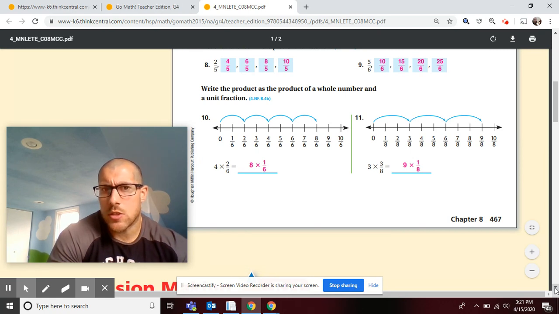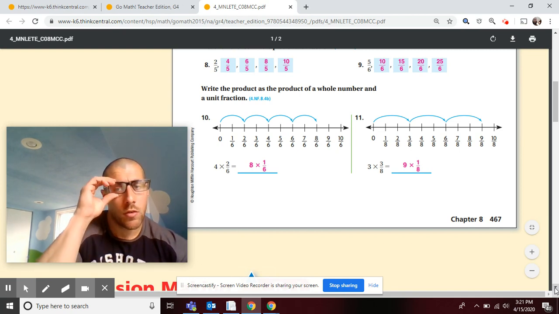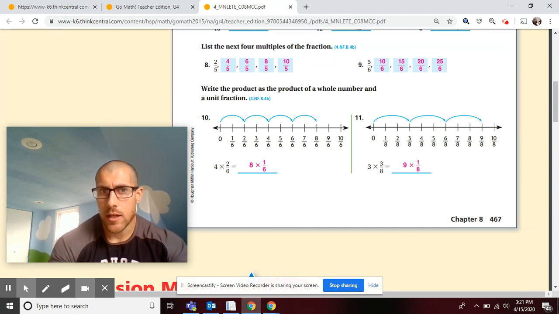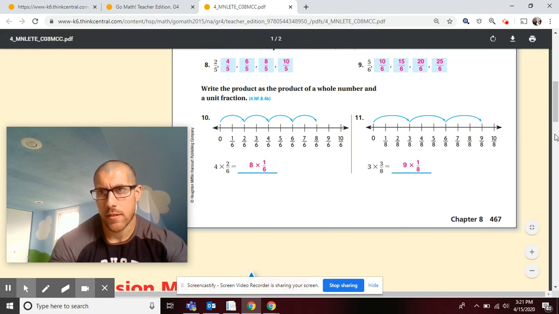So 4 times 2 would be 8 over 1 times 6 would be 6. So how do I write that? 8 is my numerator, so 8 times the unit fraction 1/6. And for number 11, 3 can be written as 3 over 1. So 3 times 3 is 9 over 1 times 8 is 8. So you have 9 times your unit fraction, 1/8.